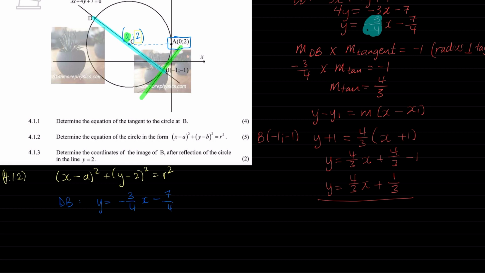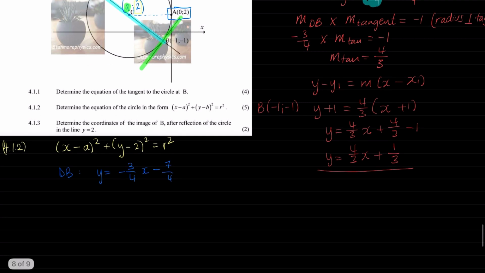We know the y value, we want the x value. So 2 is equal to minus 3 over 4 x minus 7 over 4. And now I can take this across, so 2 plus 7 over 4 is equal to minus 3 over 4x. Then divide both sides by minus 3 over 4.